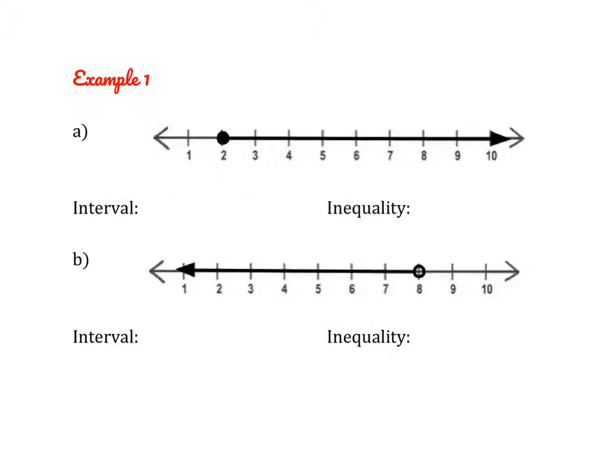Let's start with inequality notation. It's all of the x values that are 2 and bigger, so we say x is greater than or equal to 2. That describes all of these numbers, and since it's a closed circle, we do greater than or equal to.